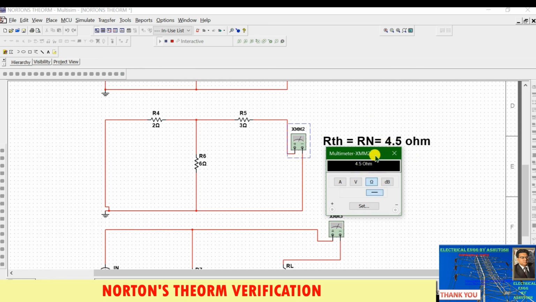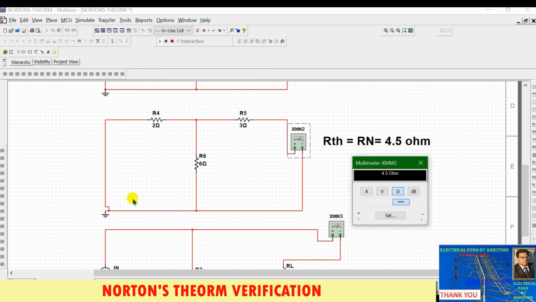So 4.5 ohm is the reading. You can see over here we have removed the voltage source, placed a short circuit across here, removed the load resistance, and connected the meter in this branch. So this will tell you the resistance value 4.5 ohm.